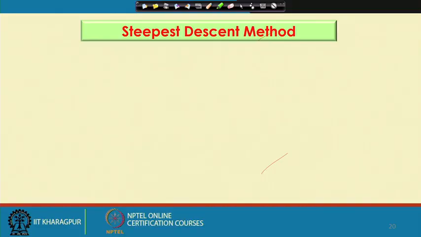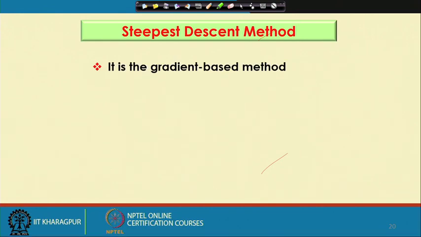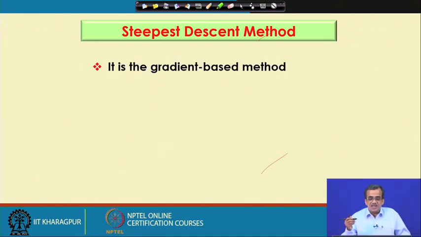Now, I am just going to discuss another very popular traditional tool for optimization, which is very popularly known as the steepest descent method. Its name indicates that this is a gradient based method, and we try to search in a direction opposite to the gradient, and in principle this can solve the minimization problem.